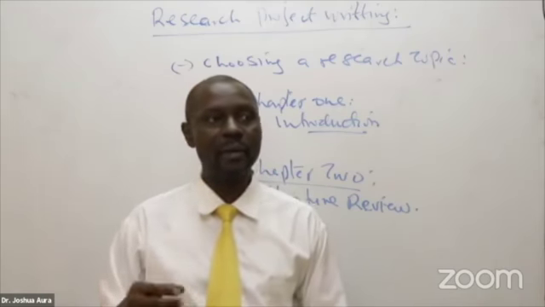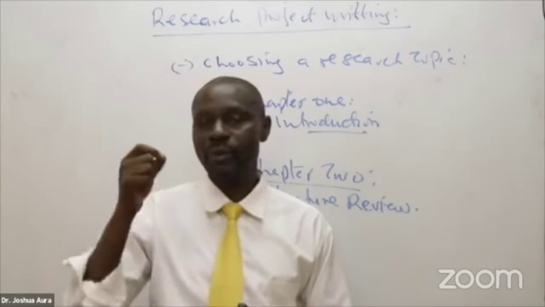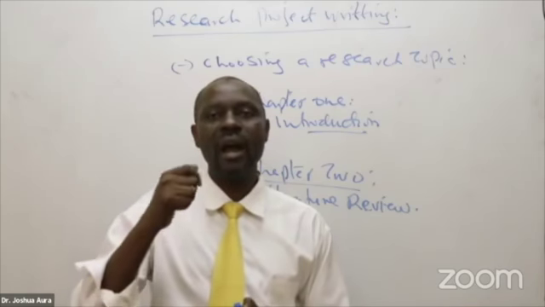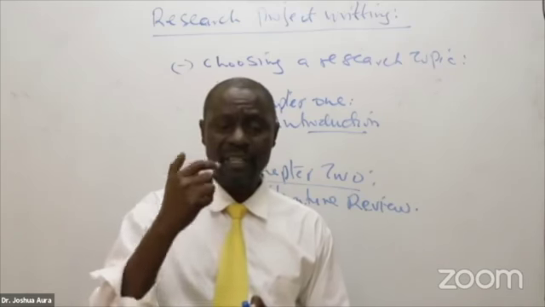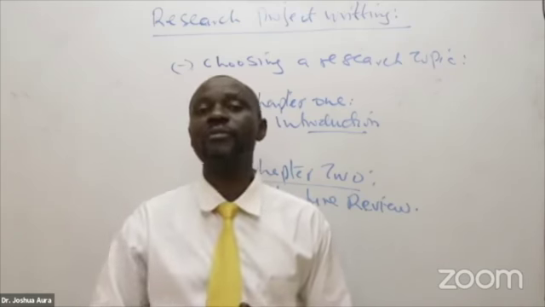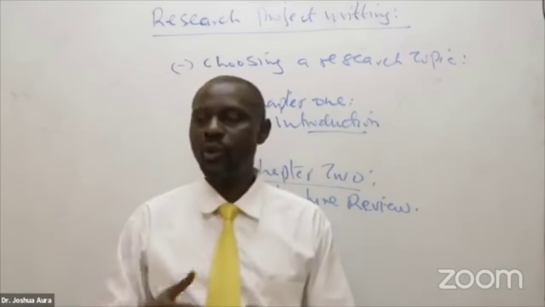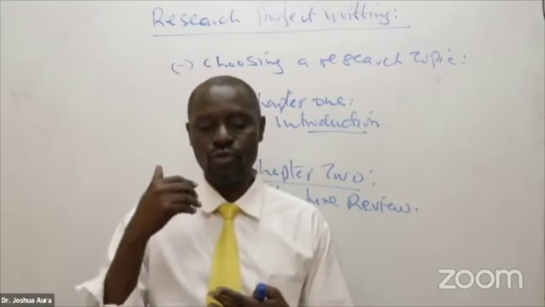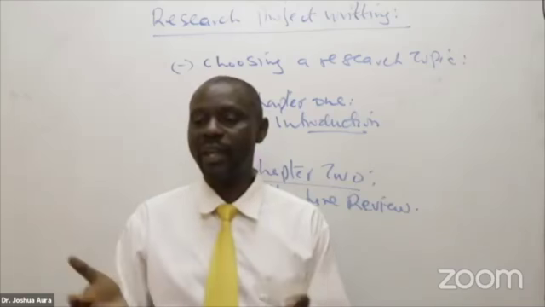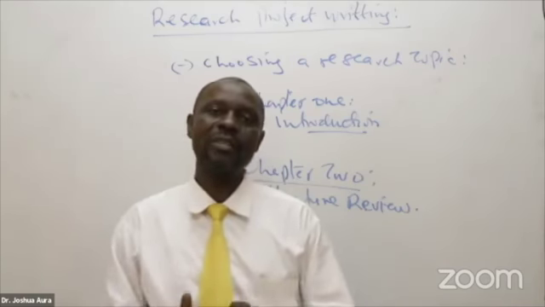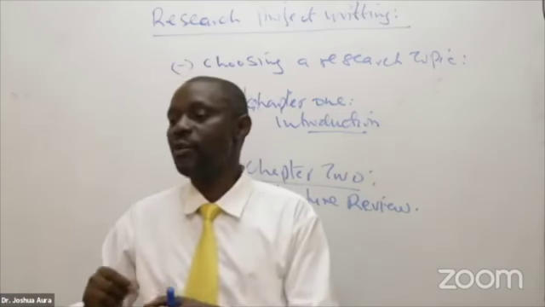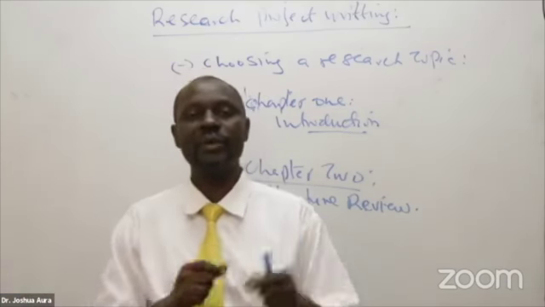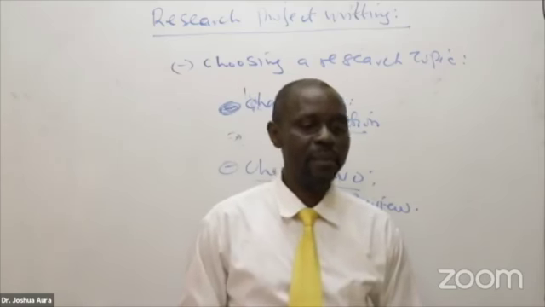Because in research, you're supposed to come up with a unique discovery, something that has not been done before. Therefore, under literature review, you write what has been written elsewhere. Then at the end of it, you do a departure: if all this has been written about this topic, then what are you going to do differently from what has been written by other people?